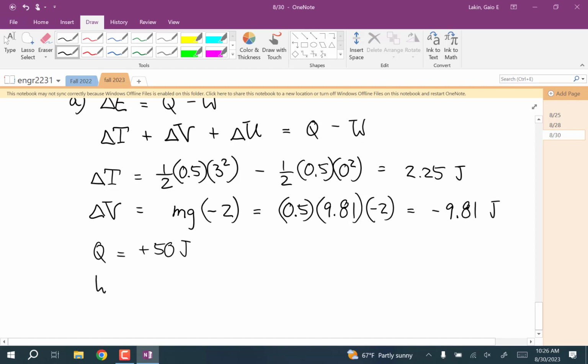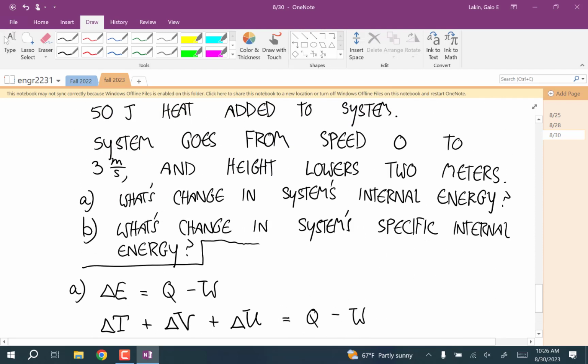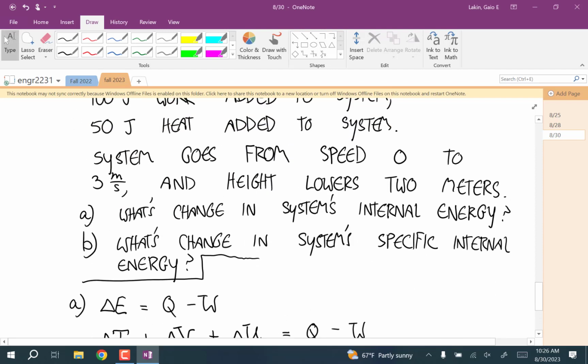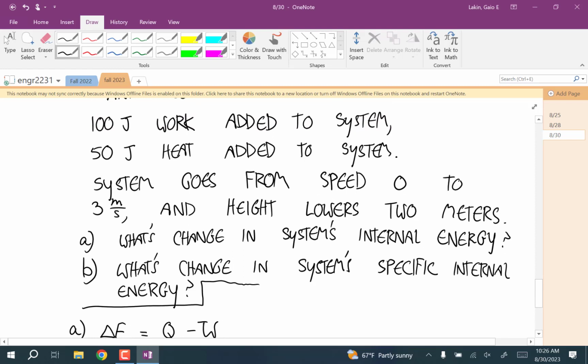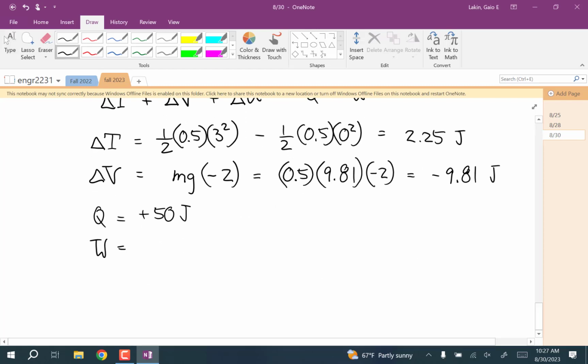And then what about work? That's going to be negative, that's right, because a positive value of W is energy being removed from the system. Okay, this is added to the system. So W is equal to -100.